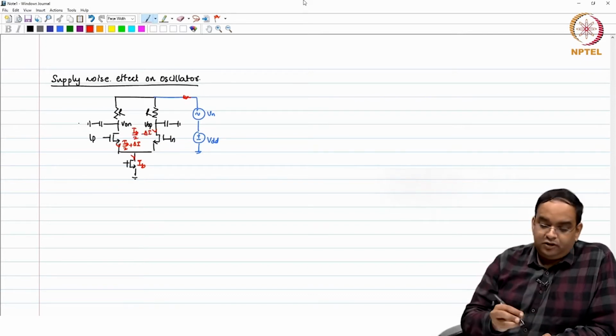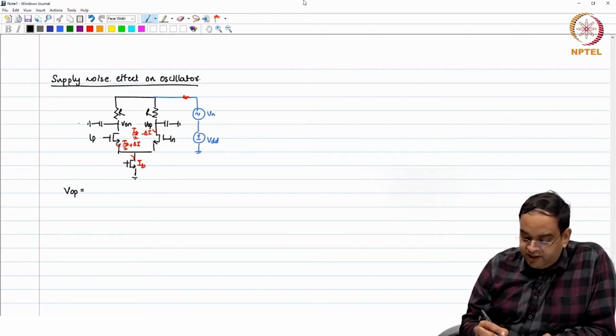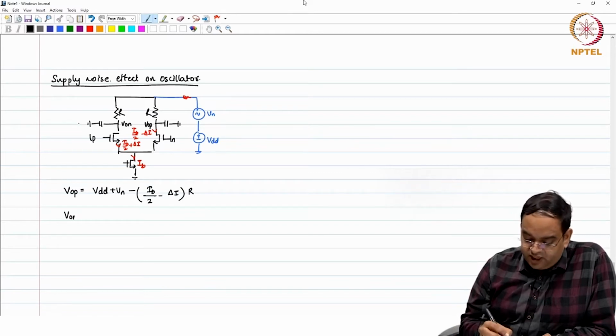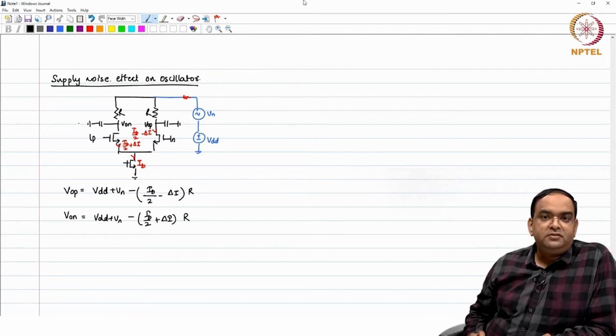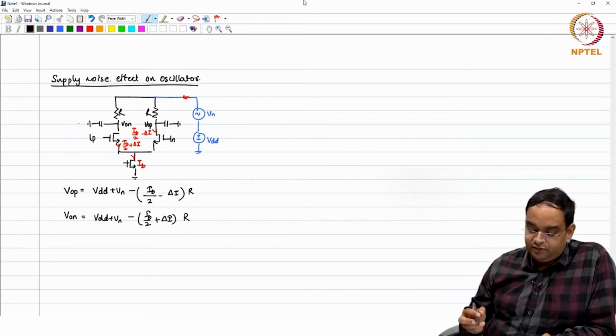So, the voltages which you are going to have at VOP and VON, let me just write it, that is going to be VDD plus Vn minus IB by 2 minus delta I times R, and VON is VDD plus Vn minus IB by 2 plus delta I times R. This is the case when the resistance value remains fixed.